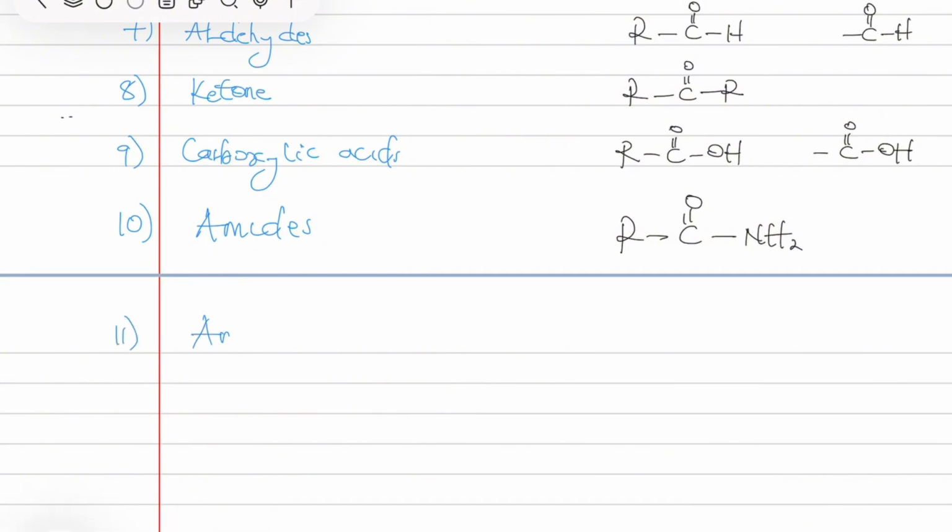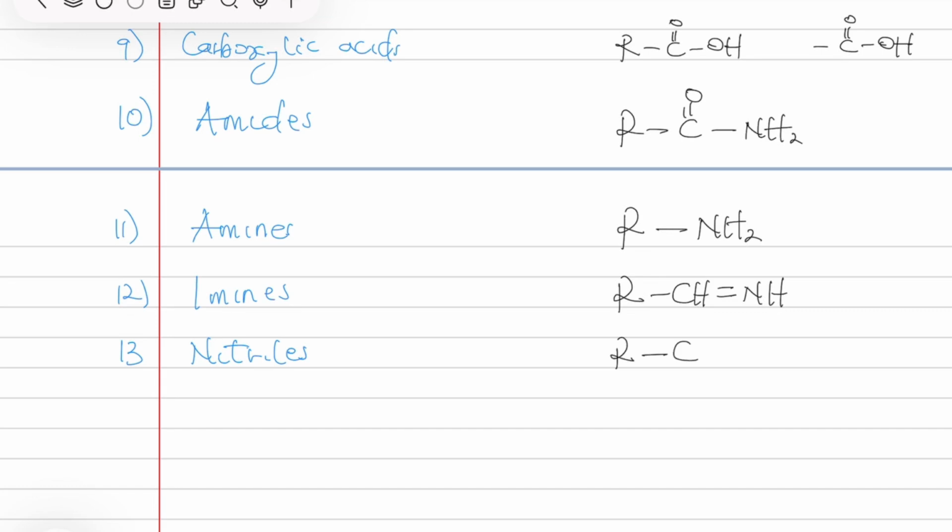We have the amines, and their functional group is RNH2. We have the imines. The imines contain sp2 hybridized nitrogen, that is nitrogen with a double bond. We have the nitriles.